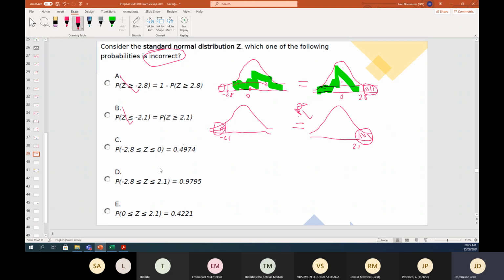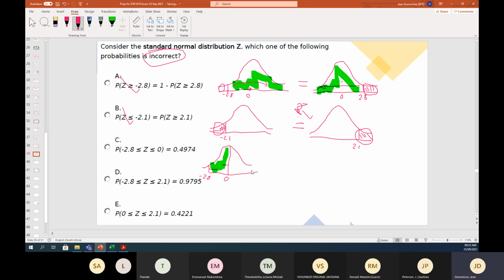Now we start needing to look at tables, unfortunately. So we didn't get away from working with tables. Minus 2.8, there's the 0. So Z is bigger or equal to, but smaller or equal to, so we're looking for that value.